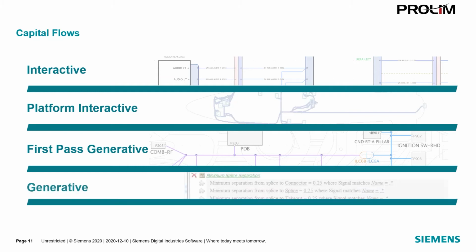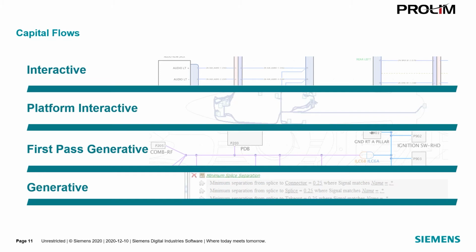The reason that we have a first pass generative and a generative flow is because first pass generative is really figuring out that there's a certain level of trust that's needed with the software, and making sure that you're capturing your IP correctly, so those rules are being applied, and so that you can specify things like the minimum splice distance that you want from a connector, the sizing of wires, the naming, the routing paths that they might take.